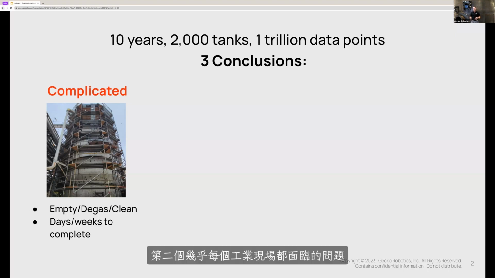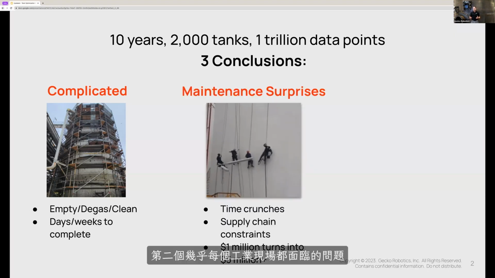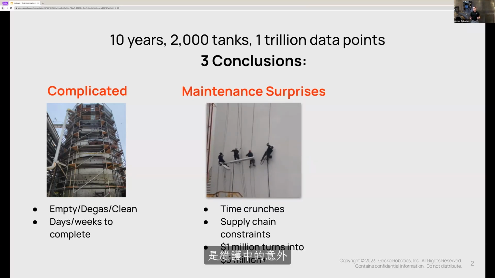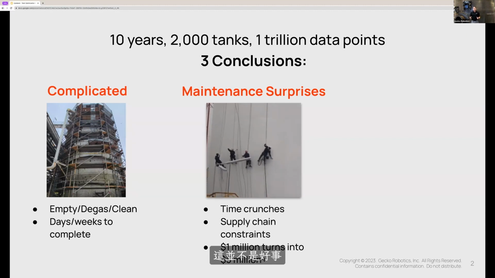Now, the second area of frustration that nearly every industrial site seems to have is maintenance surprises. And I don't mean the good kind. Since these traditional inspections cannot cover every square inch of the tank, when your maintenance team goes out to perform those repairs, they find surprises in the form of additional repairs.